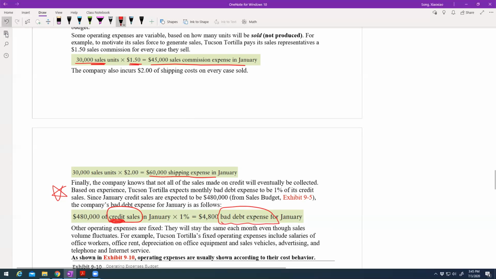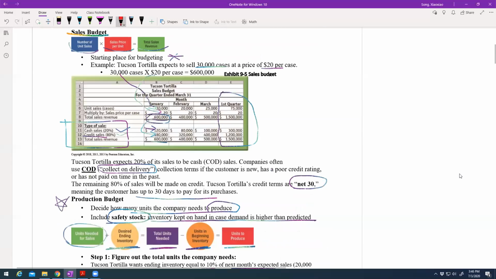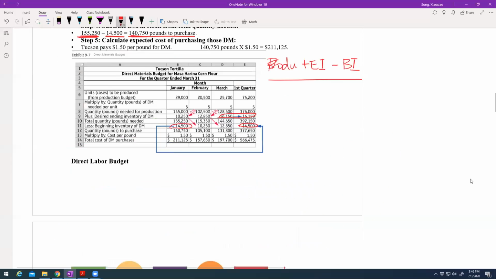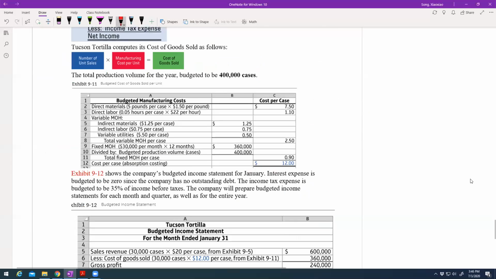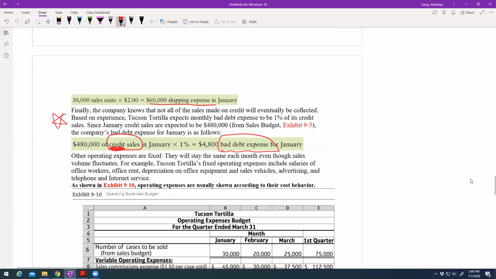That is why when we first did our sales budget, remember all the way up, we mentioned 80% will be credit sales, and then we totally have this 480,000. And then we said we predicted 1% will never be collected.